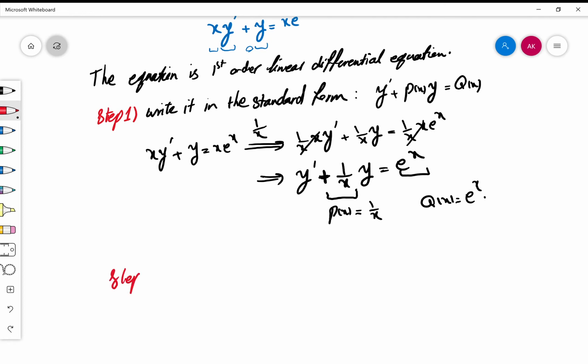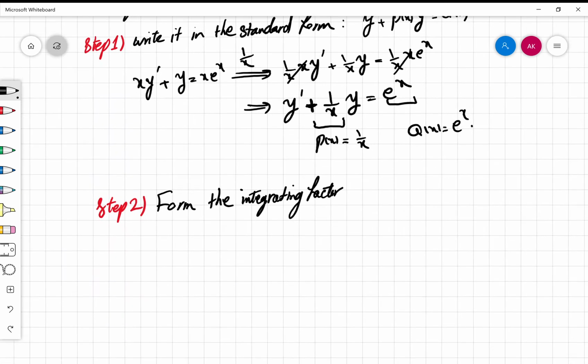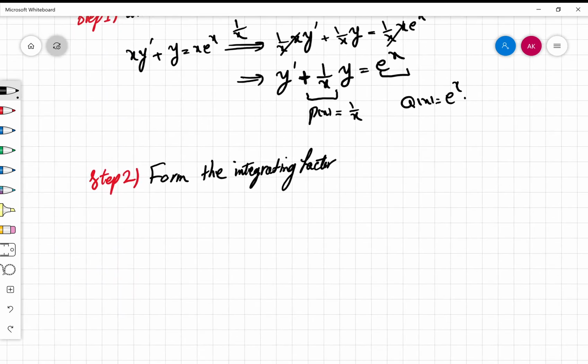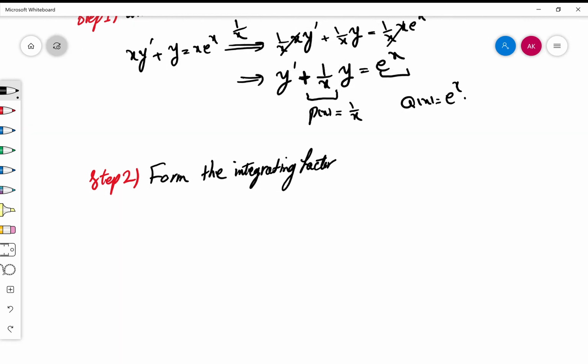Very nice. So we found what p(x) and q(x) are. Step 2, form the integrating factor. Well, what was the integrating factor? You remember, u(x) is e to the power integral of p(x), that we call the integrating factor.